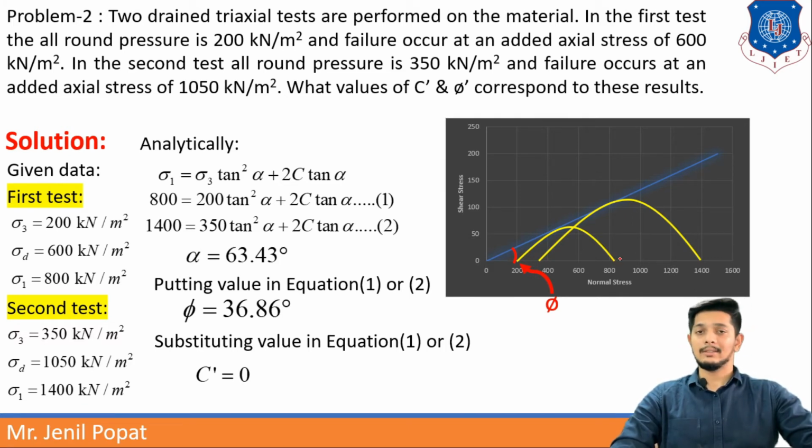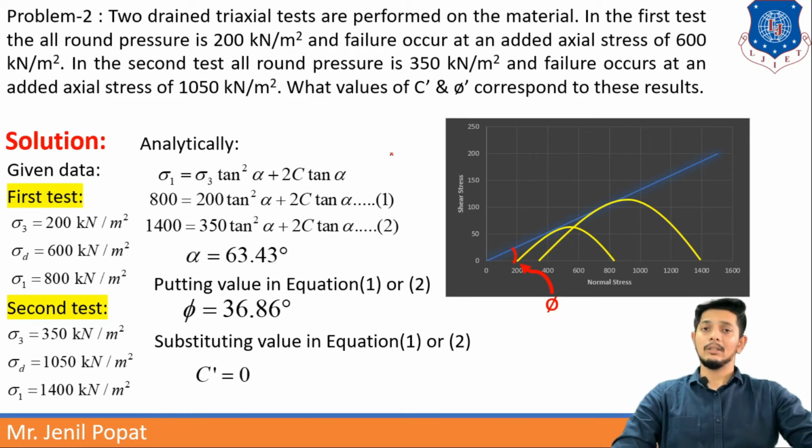And same way in the second case, the graph will start from sigma 3 in the second case, that is 350, and it will end up to 1400 kilonewton per meter square. So these two graphs will give a same tangent, and that tangent will give me the phi value. So I should check the value of phi from there too. Putting phi and alpha and c values in the equation, I can get all the values.